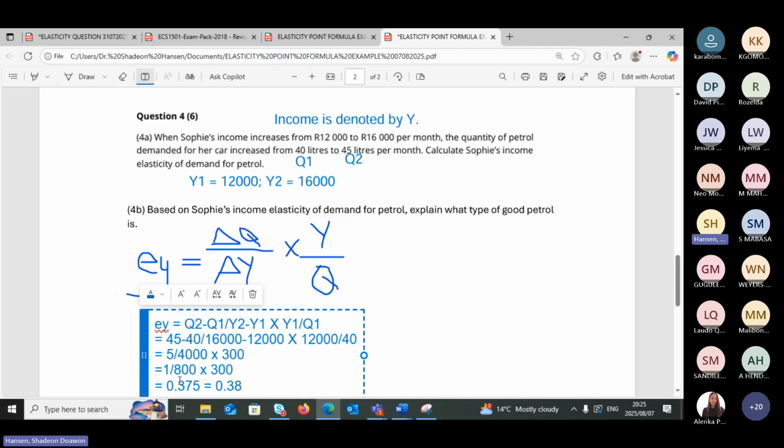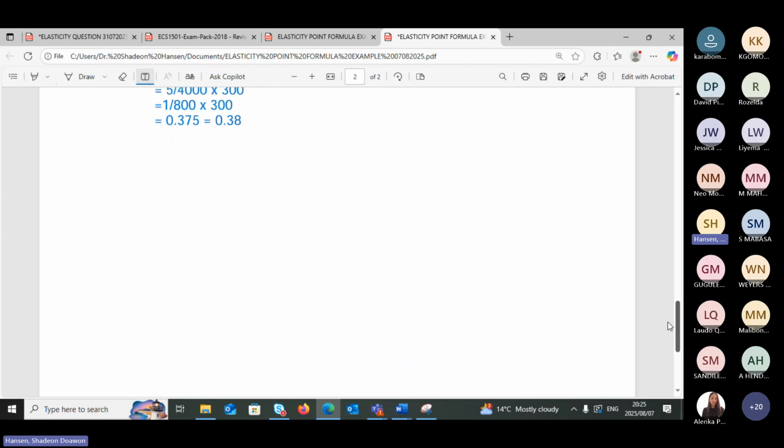And now you see over here, students, if we look at 4B, it says based on Sophie's income elasticity of demand for petrol, explain what type of good petrol is. Remember whatever answer you get, if it is positive, it is a normal good. If it is negative, it is an inferior good. And a normal good can be divided into two, right?